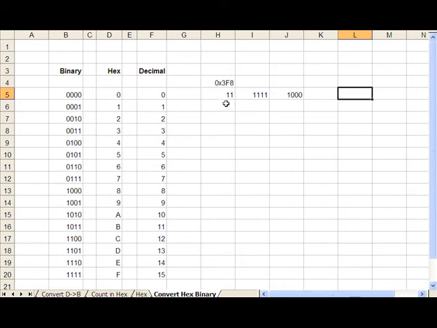So instead of saying 11, 1111, 1000, we can say 3F8 and know that we have this bit pattern which is represented by this hex value 3F8.